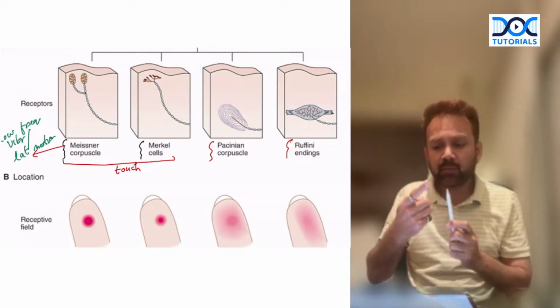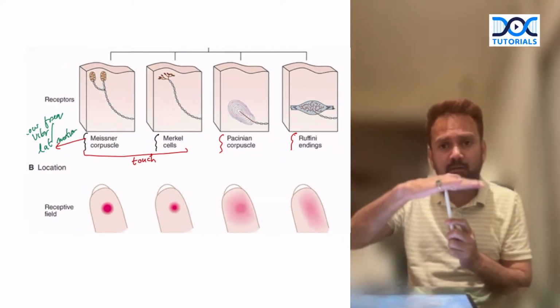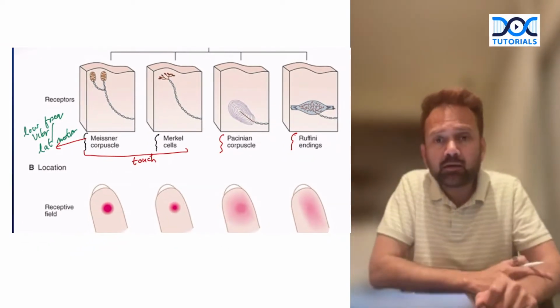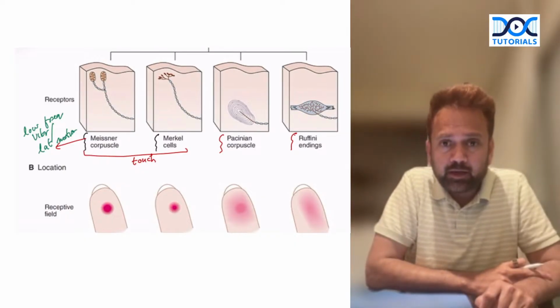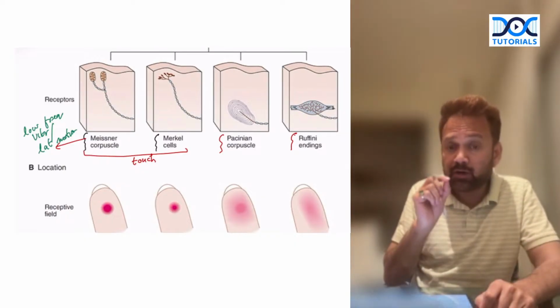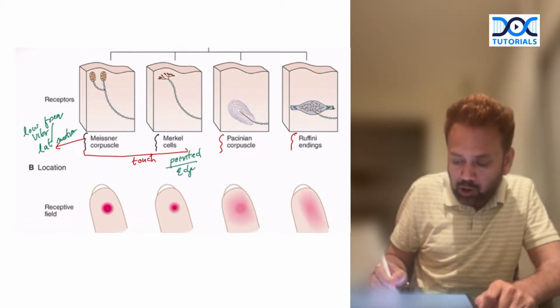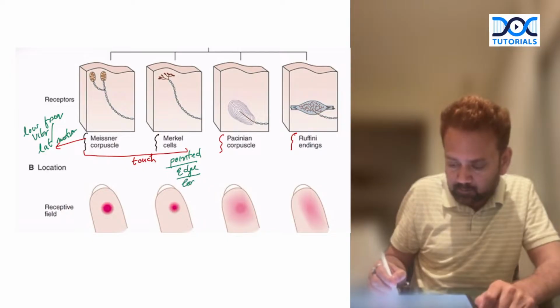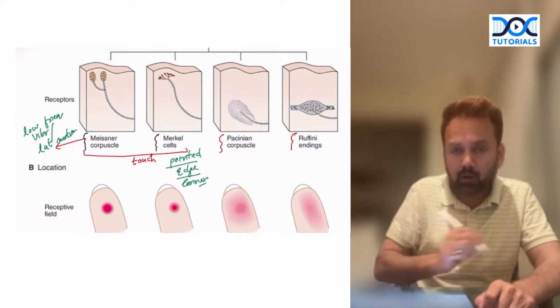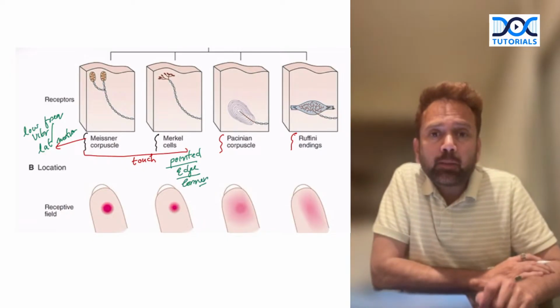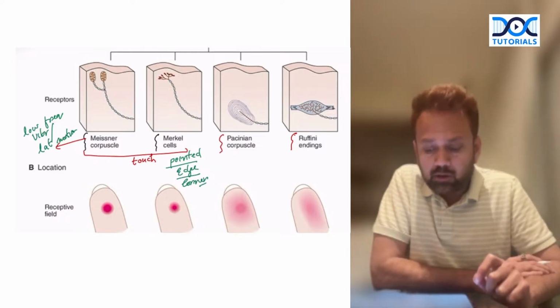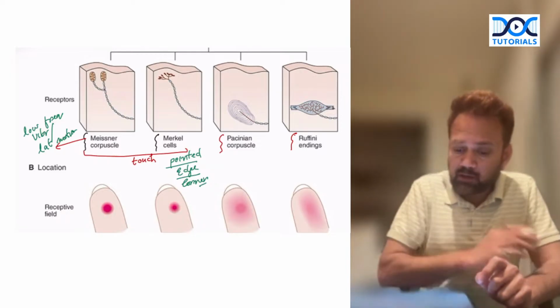Number two, the Merkel disc. Suppose I put my hand on a pointed needle, pencil, or knife, or on some edge or corner. Which receptor will be responsible?